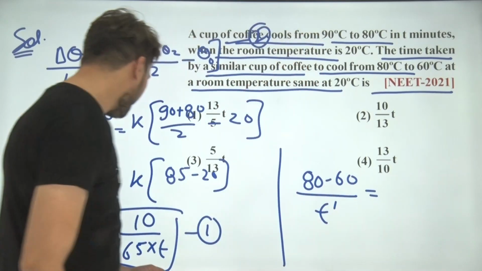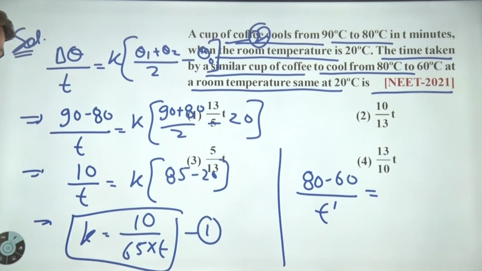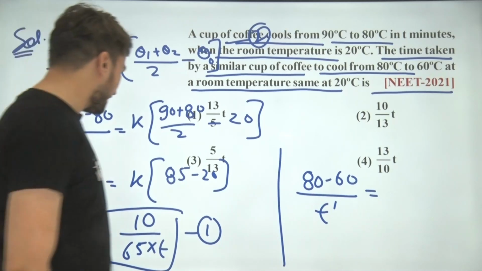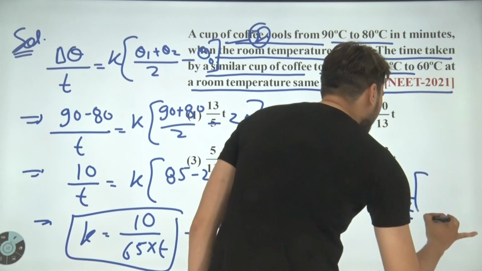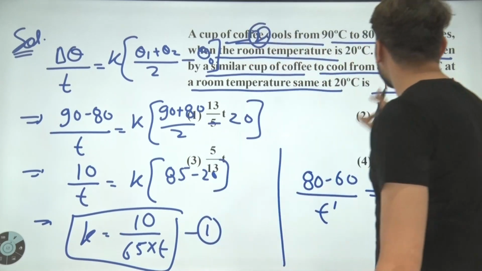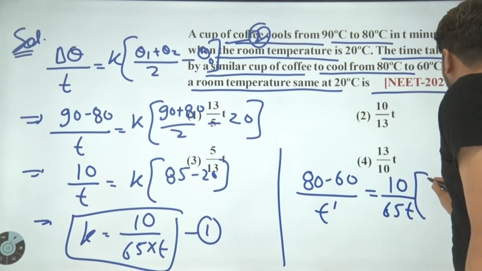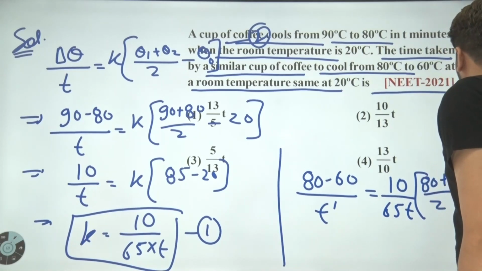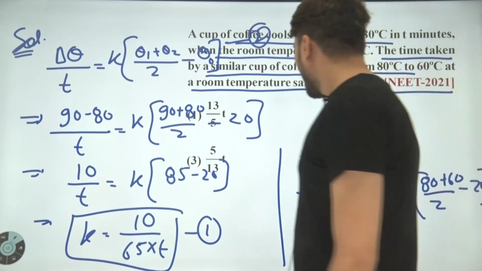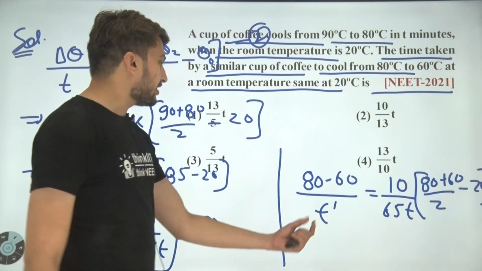The value of k we have calculated is 10 upon 65t, and theta 1 plus theta 2 is 80 plus 60 divided by 2 minus 20. So this is our equation. Now we have to find the value of t dash.